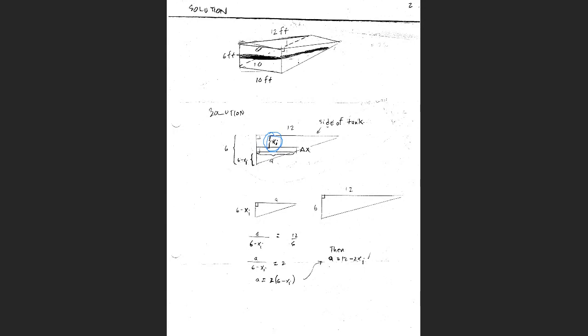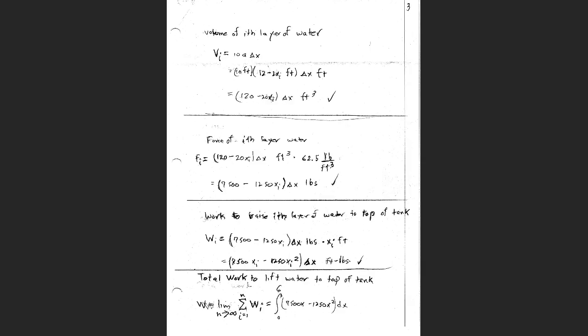The layers of water will range from being 6 feet below the top of the tank to 0 feet below the top of the tank. x sub i is the distance the layer of water is from the top of the tank. And that's why the limits go from 0 to 6.